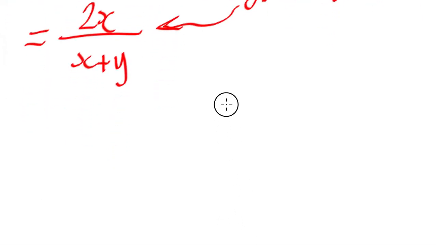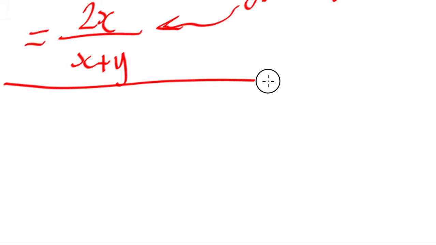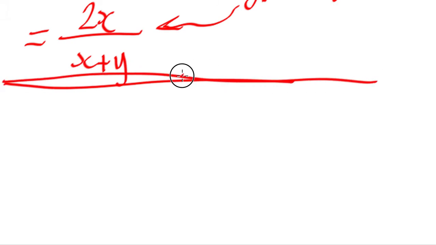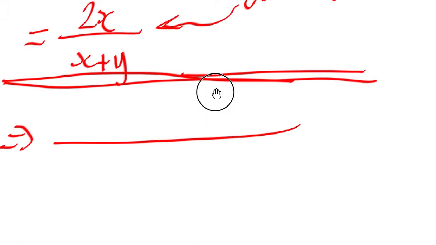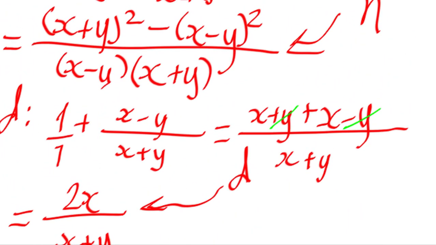Hopefully, we can have some space still. Let's have a border here. What's our numerator again? Okay, x plus y quantity squared minus x minus y quantity squared.